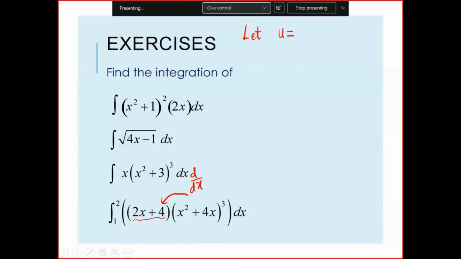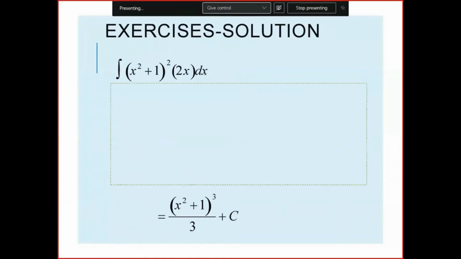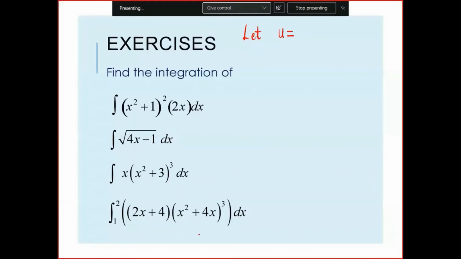So this is actually the baby, and this is the mother. Because the baby is actually from the mother. Now in this case, we let the mother be the u: x squared plus 4x.